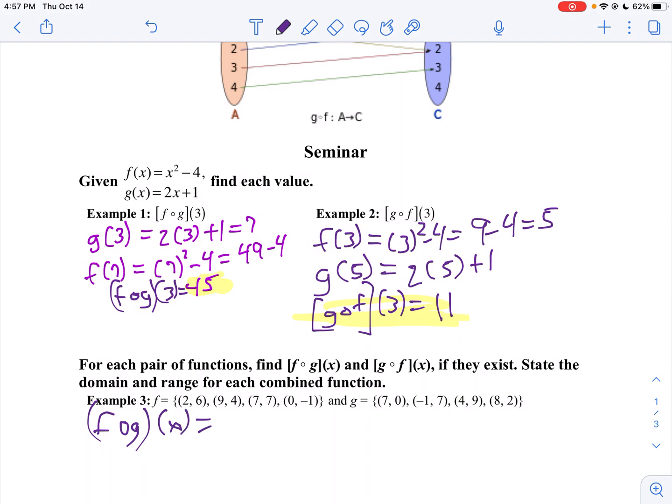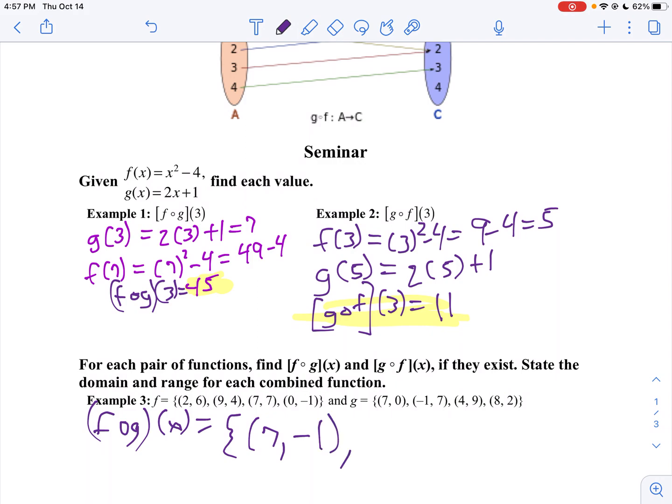So I start with g. G takes me from 7 to 0. So my range is my domain of f, and so my 0 takes me to negative 1. So in other words, I'm going to have 7 goes to negative 1.